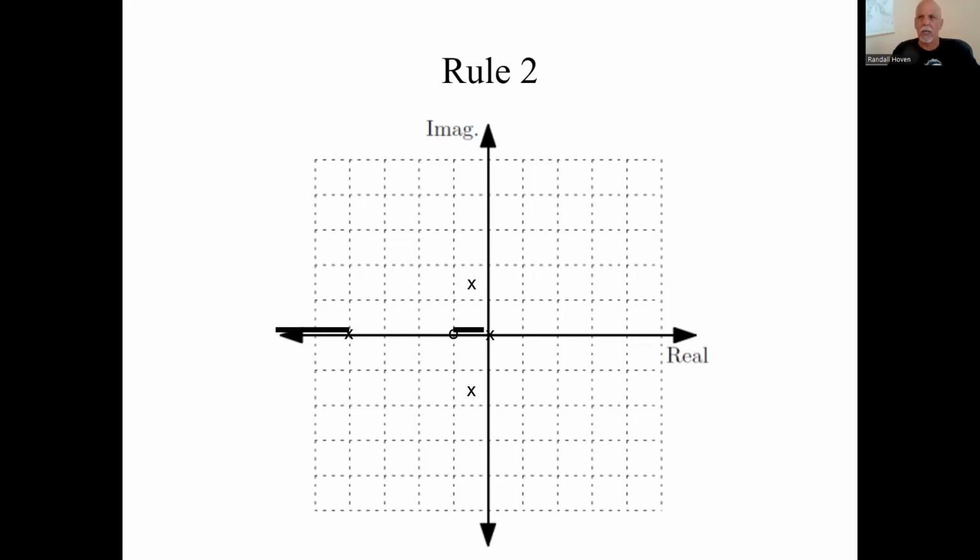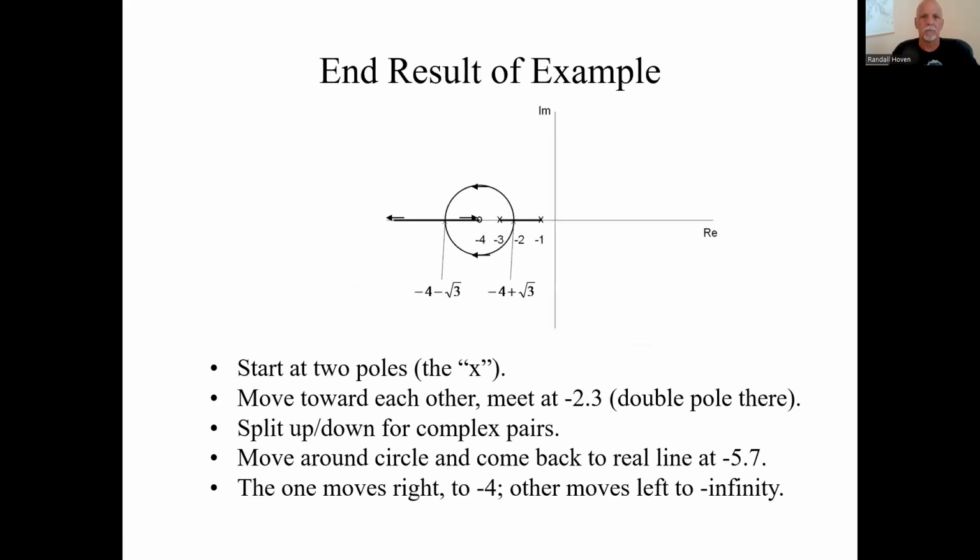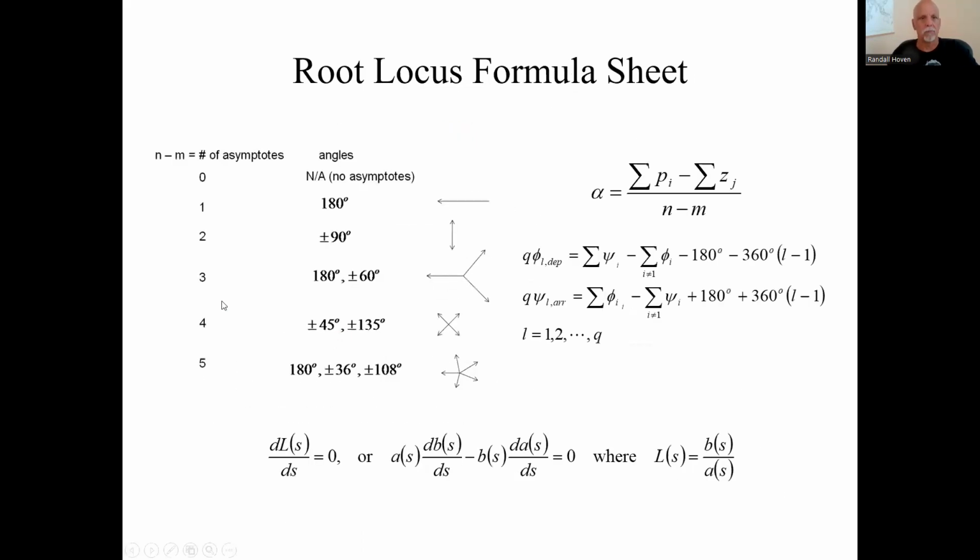What's next? The asymptotes. I have 4 poles, 1 zero, N minus M is 3. Go back to that formula sheet. N minus M is 3. So here's where the asymptotes are going to go. Here's how you calculate where the center is.